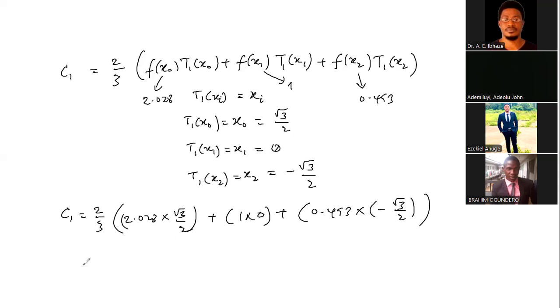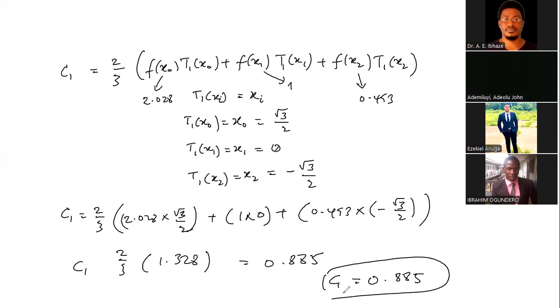So once we resolve this, we are going to have 2 over 3 times 1.328, which is the same as 0.885 as C1. So C1 is the same as 0.885. Is this clear, please? It is clear. So now we can resolve the final coefficient, which is C2.